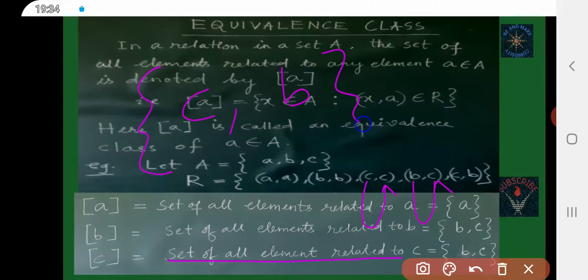Okay, so this is the set and this is your equivalence class of c. Okay, you may write {b, c} also like this. This set contains the same elements.